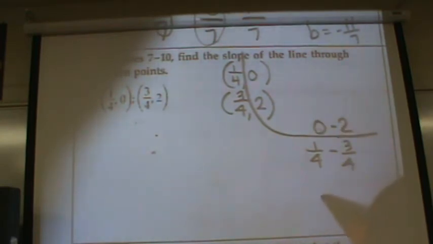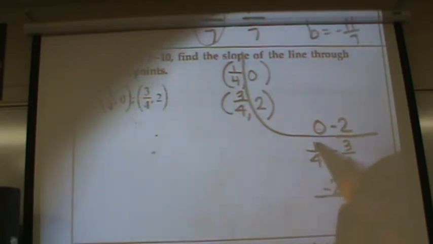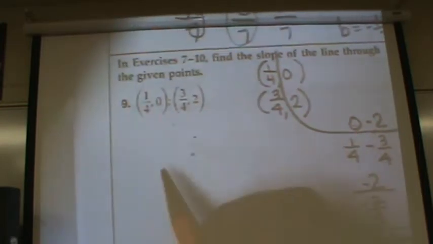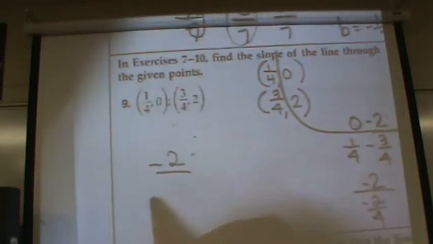What's the numerator? Negative 2. How do you do this bottom? They have a common denominator, so it's negative 2 over 4. What is another name for negative 2 over 4? Negative 1/2.